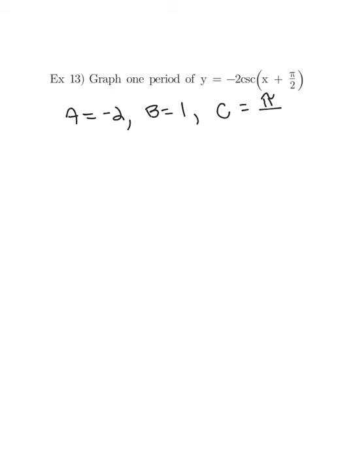It is pi over 2. So amplitude will be 2. But remember, because a is negative, we will have to flip our function upside down.